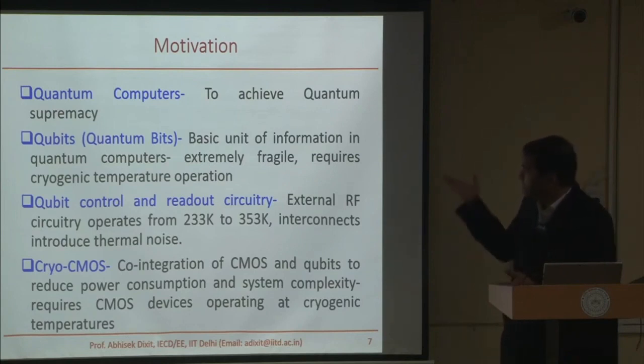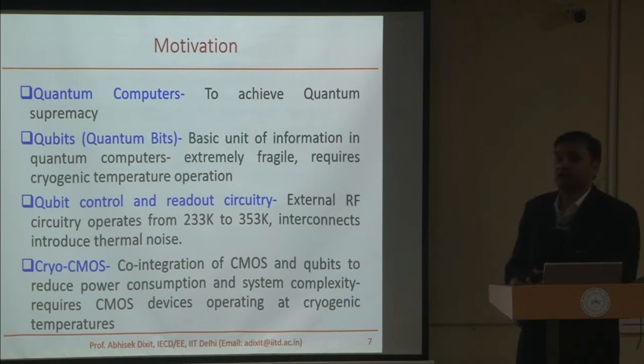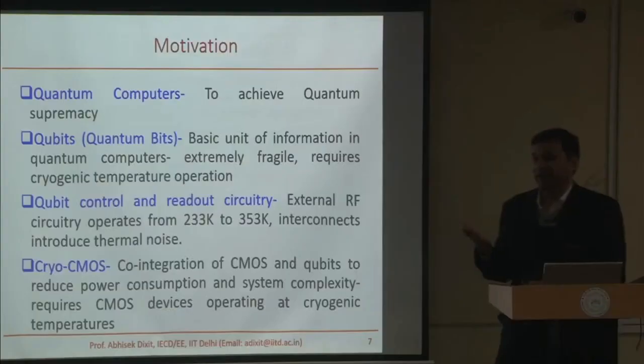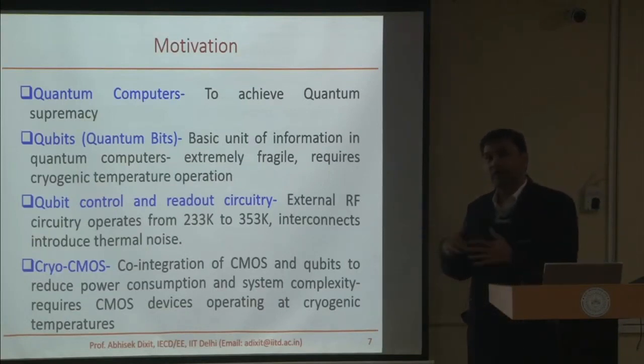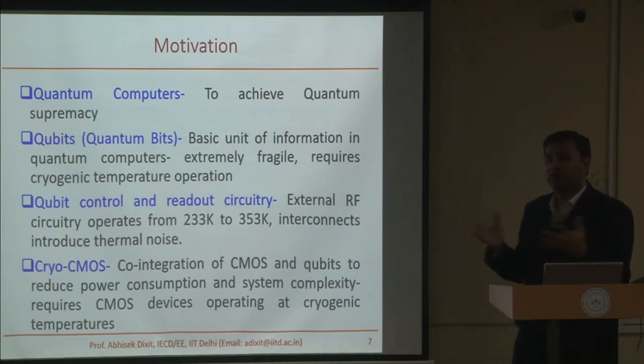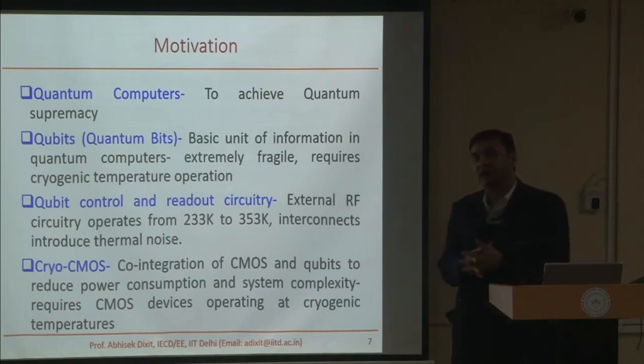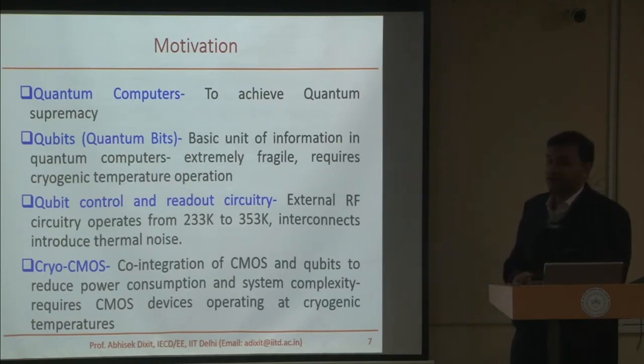A lot of this, as I'm saying, is extremely fragile, requires cryogenic operation, because if you remember the famous Schrodinger's cat experiment, right? If you try to see whether the cat is dead or alive, the cat dies, right? So the idea behind this is very important, that your observation, when you are trying to measure the state of a quantum system, that observation itself destroys or at least affects the state, right? So now how do you measure the state? And if you don't measure the state, you can't do any useful work.